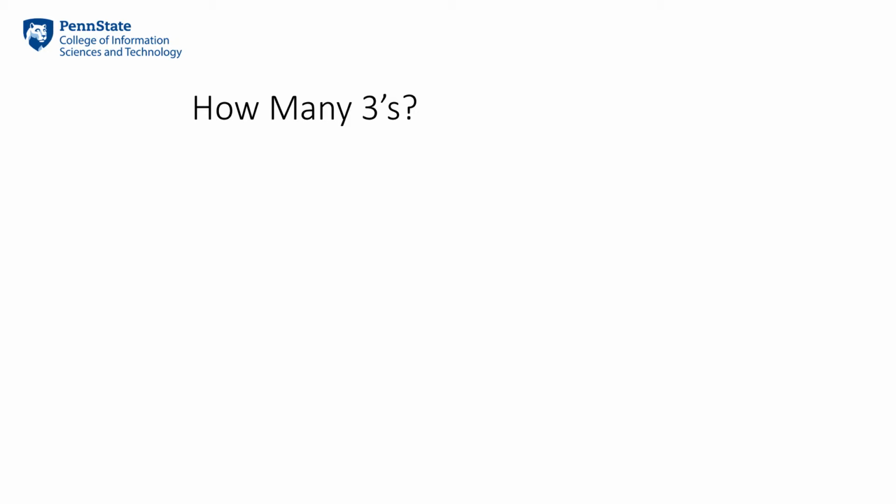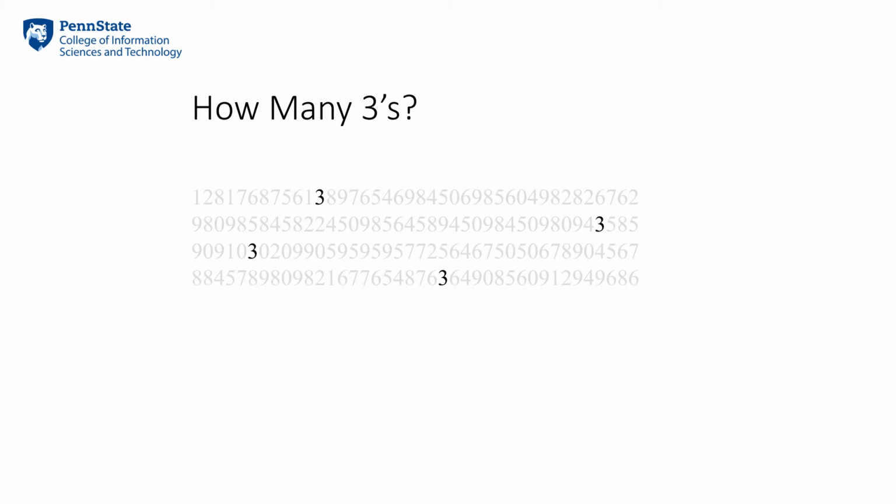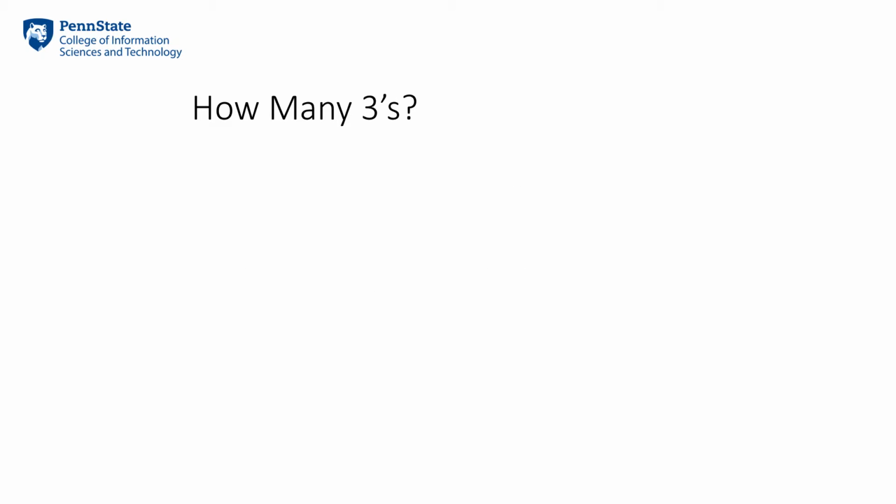Please write down your answer, and also tell me whether you are confident in what you found. In the next experiment, I'm going to show the numbers in a different way and ask you to answer the same question. How many threes are in the picture? Now tell me how many threes you found and how confident you are.